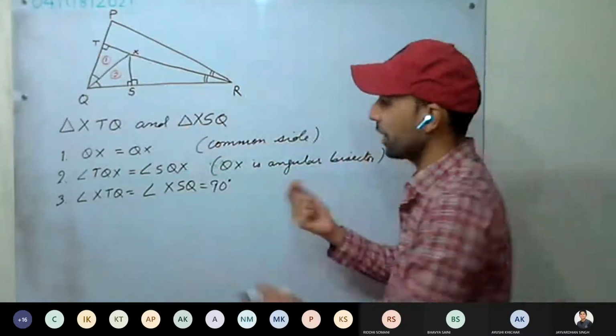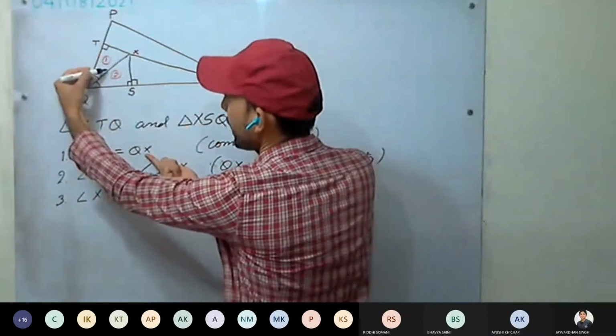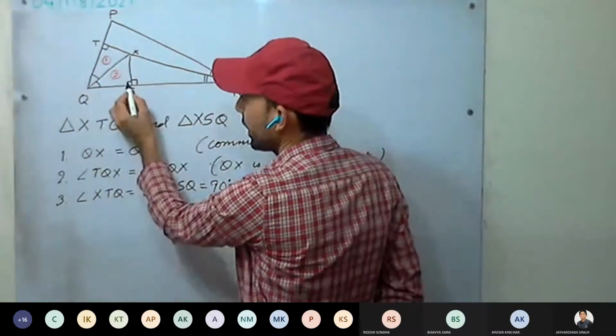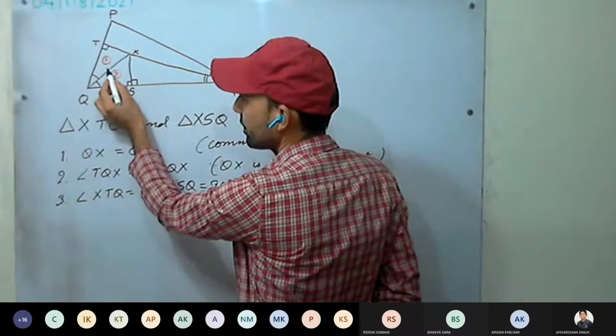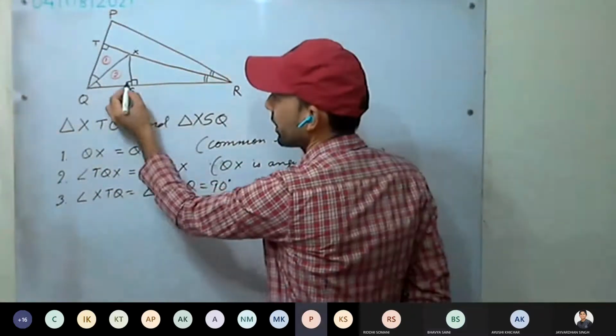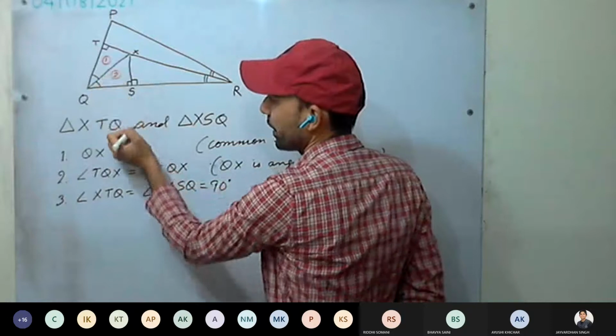So what have we used? Side QX, this angle, this angle. So what theorem is it? AAS. We have used AAS.